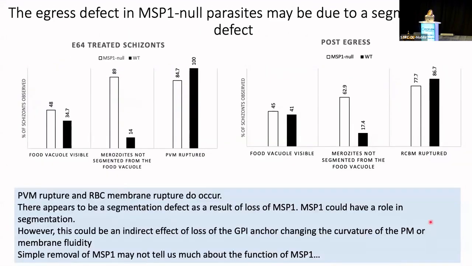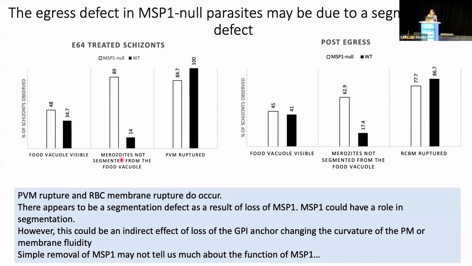So we did some quantification of this, and essentially in the 40% of cases where the food vacuole was visible in pre-egress cells, so that's the E64 treated schizonts, 89% of the MSP1 null parasites had not segmented properly from the food vacuole in comparison to 14% of the wild type. And in both cases, there seemed to be similar levels of rupture of the parasitophorous vacuole membrane.